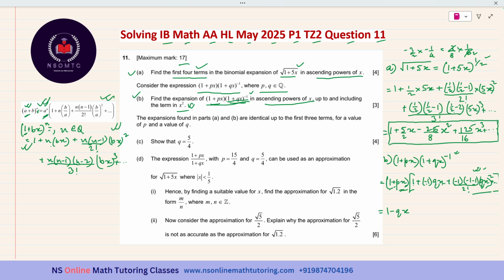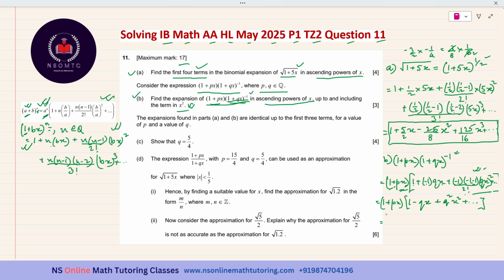Okay, so it is 1 plus px, 1 minus qx, and this is negative 2. Negative 2 times negative 1 is positive 2, and 2 factorial is 2. So 2 divided by 2 is 1. So it is plus q square x square and plus dot dot dot.